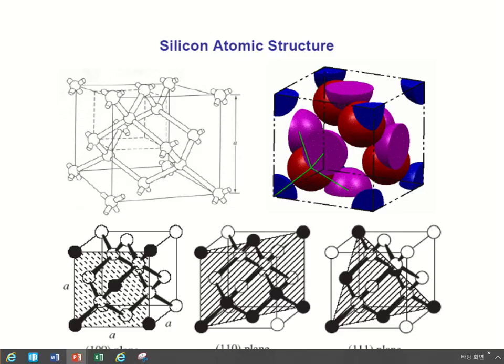Normally you use the 100 plane, but depending on your fabrication purpose, you can purchase a 110 plane or 111 plane silicon wafer. Okay.